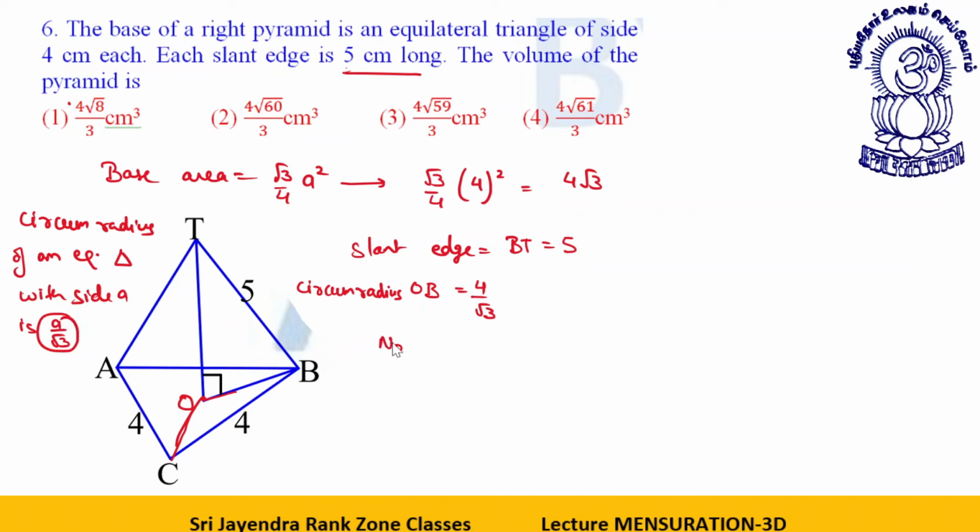Now, BOT is a right triangle. Therefore, what will happen? OB square plus OT square is equal to BT square, or I can say OT square is equal to BT square minus OB square.